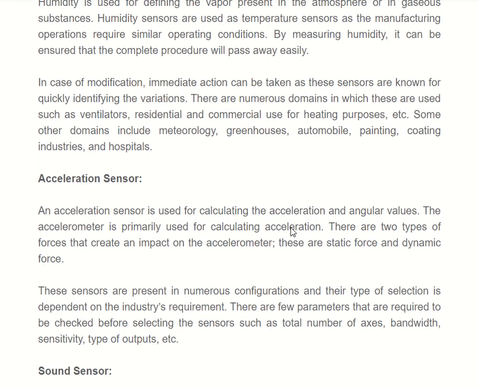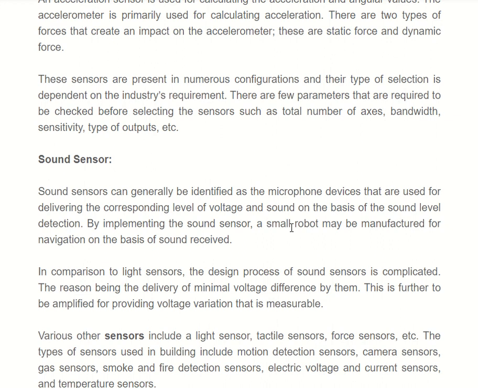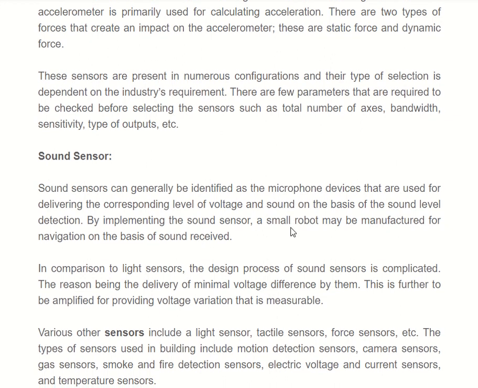Then you have the sound sensor, which can generally be identified as a microphone device or mic, and we use it to deliver the corresponding level of voltage and sound on the basis of the sound level detection. And by implementing this sound sensor, a small robot may be manufactured for navigation on the basis of sound receivers.